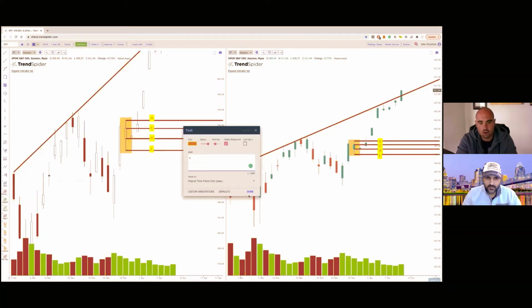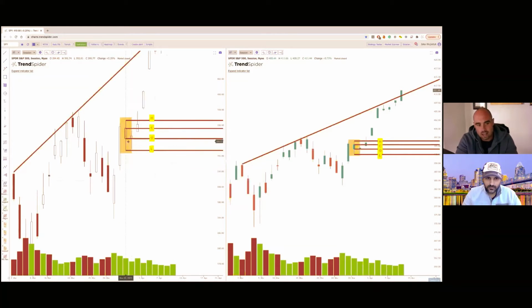The hollow red means that, one, it's red because it closed lower than this candle here. So you'll see here, notice that we closed here on March 26th. You can see that was a close of 395.95. You can see here, it's 395.74.